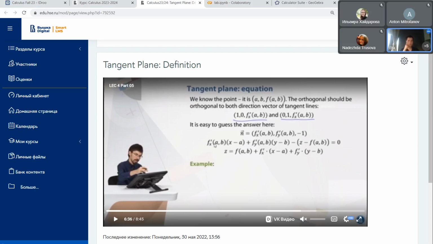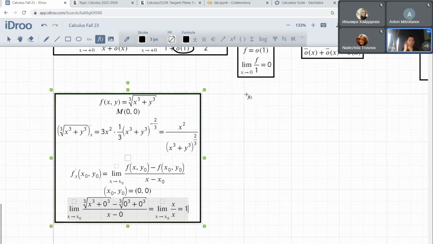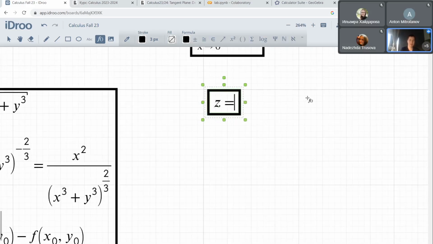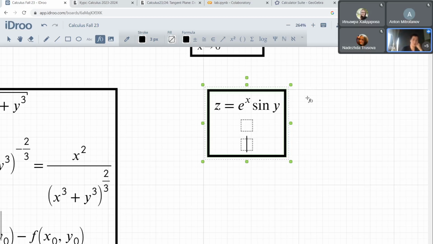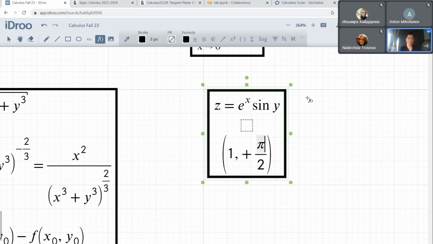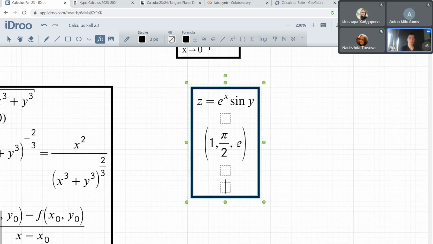We can take some randomly written function, like this one, and imagine we want to compute the tangent plane for this function at the point (1, π/2), with value e. I want to build a plot here.